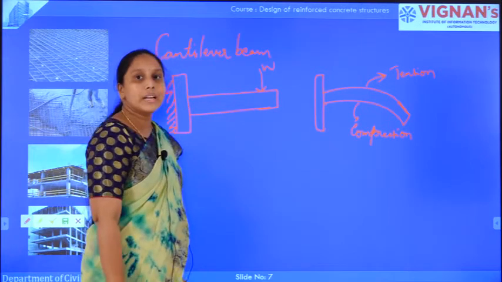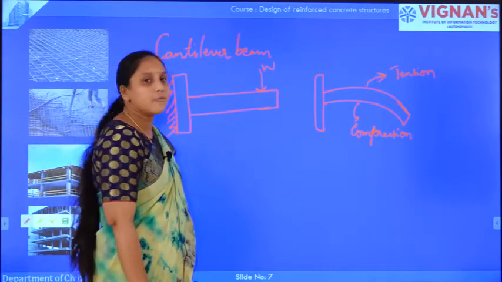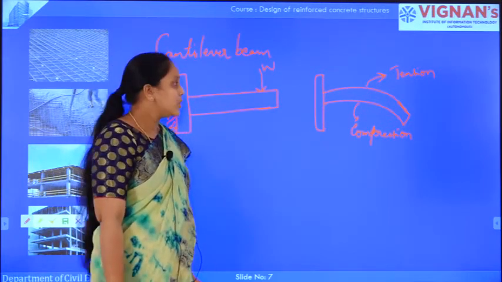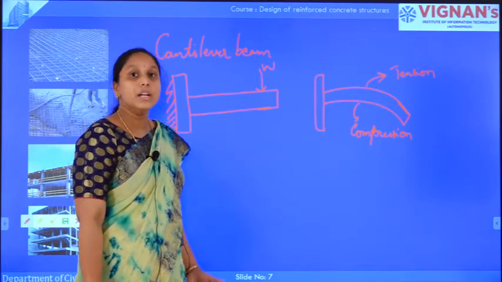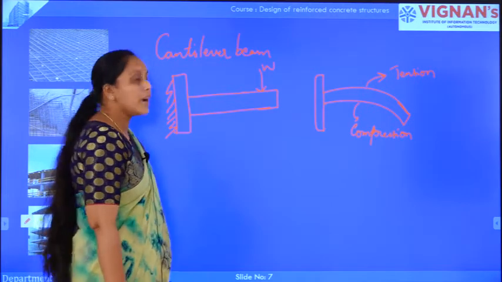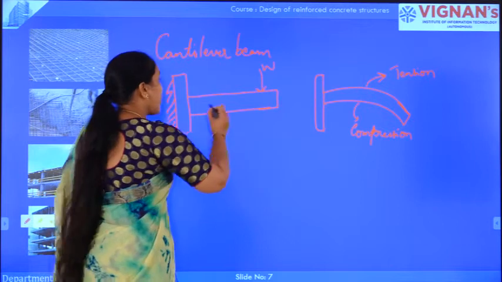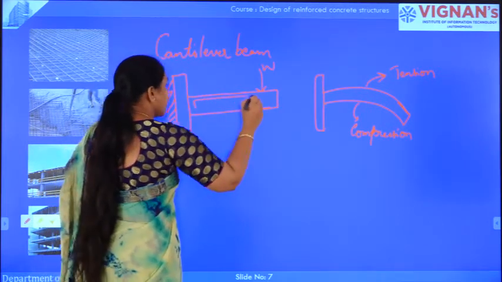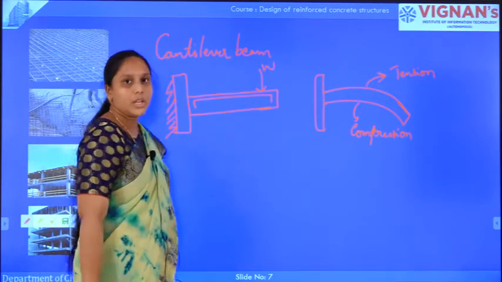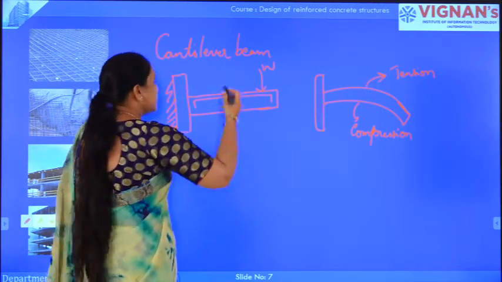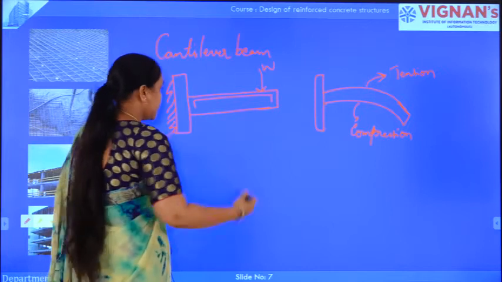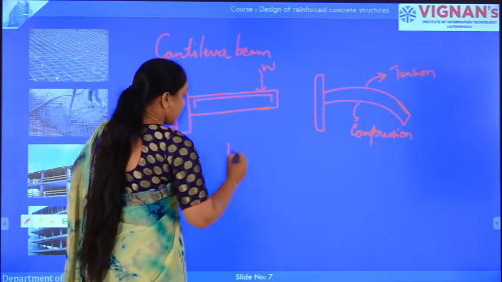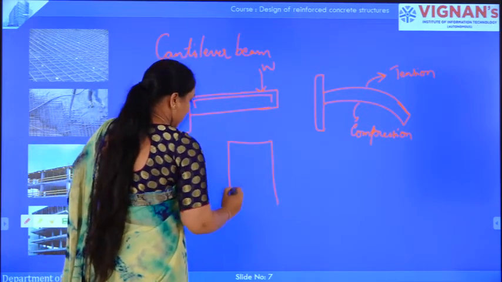So, what is a singly reinforced beam? A singly reinforced beam is a beam in which the reinforcement is provided in the tensile zone. So, what you have to do here? The reinforcement should be provided in the tensile zone, that is, the reinforcement should be provided here. Suppose somewhere I take a section, what will the section look like?